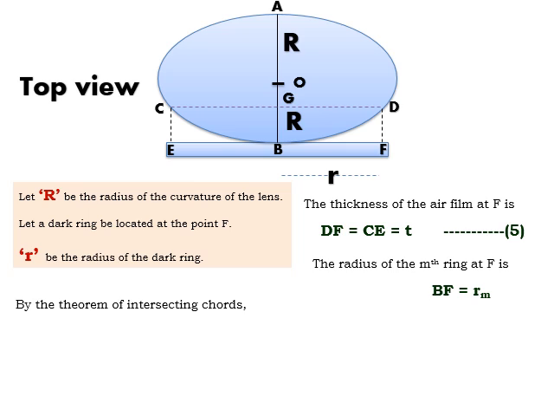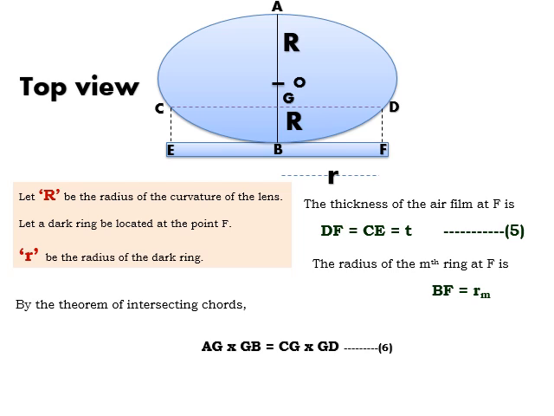You might have seen the theorem of intersecting chords in mathematics. According to the theorem of intersecting chords, AG multiplied by GB is equal to CG multiplied by GD.